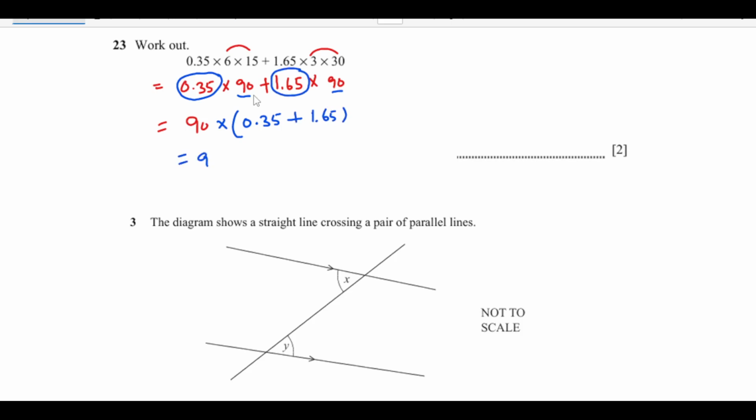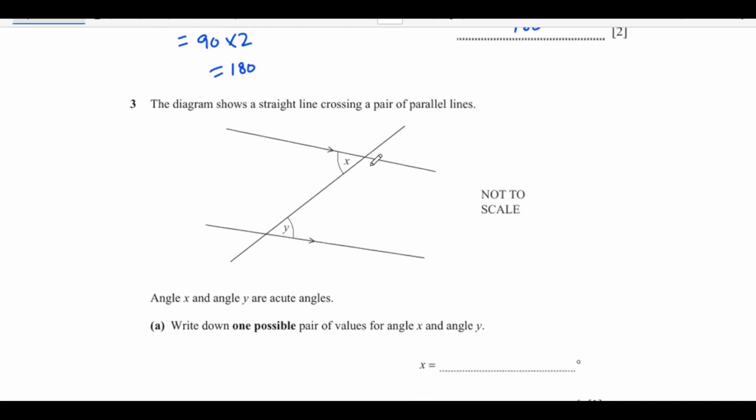So this is 90 times, now we will add this 1.65 plus 0.35. 5 plus 5 is 10, 6 plus 3 is 9, 1 is 10, 1 is 2. So this is 180. So the final answer is 180. If you do direct calculation, you are going to get lost there. So first observe the pattern and see, then you start doing the calculations, right?